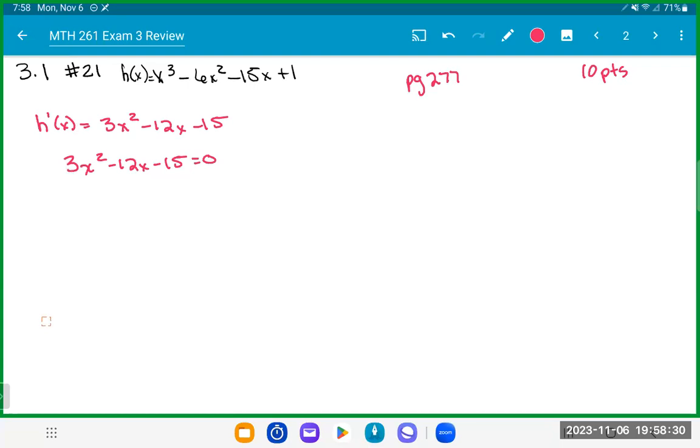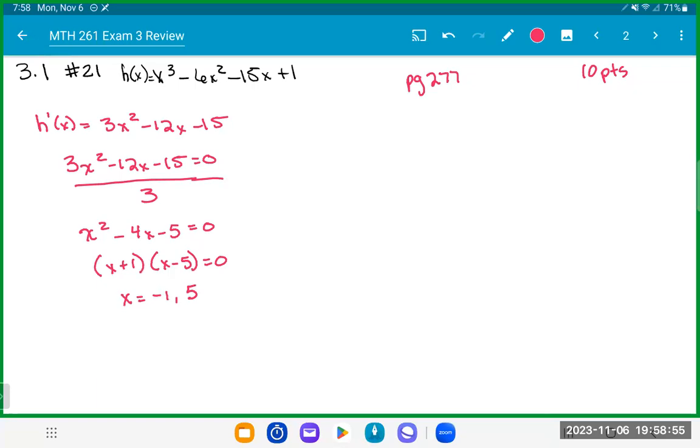We could factor a 3 out of both sides. And so if you divide everything by 3, that gives us x squared minus 4x minus 5 equals 0. Factor that out. We get (x plus 1)(x minus 5) equals 0. So our critical points are -1 and 5.